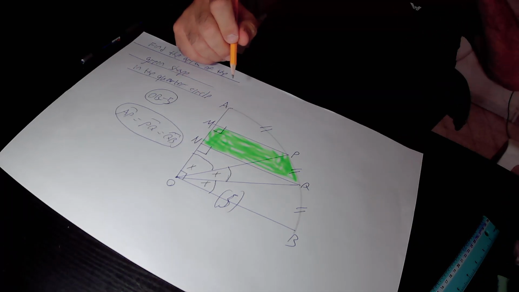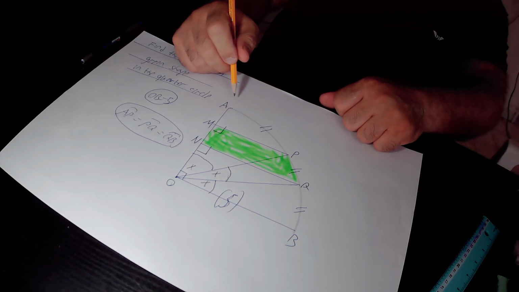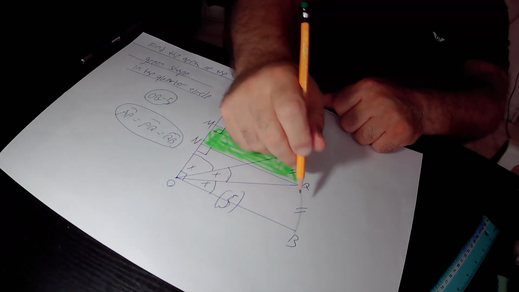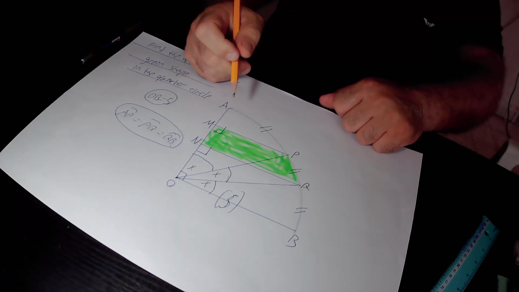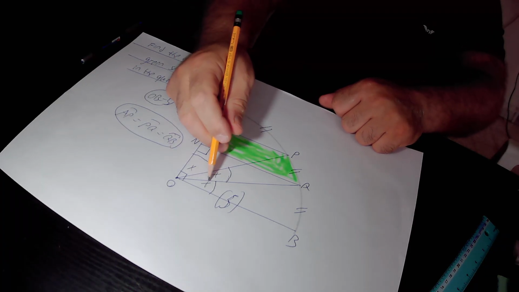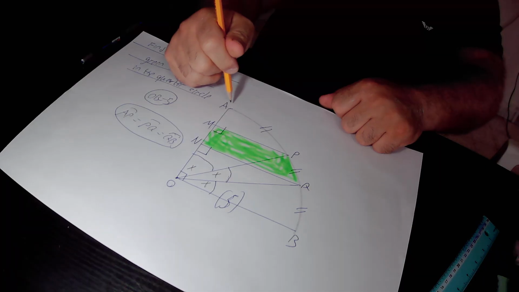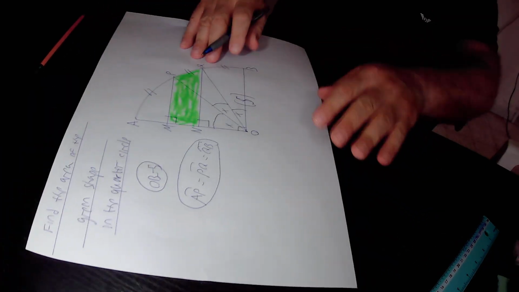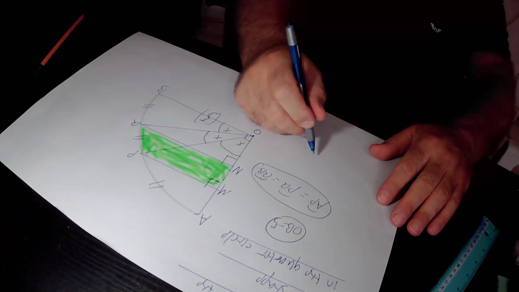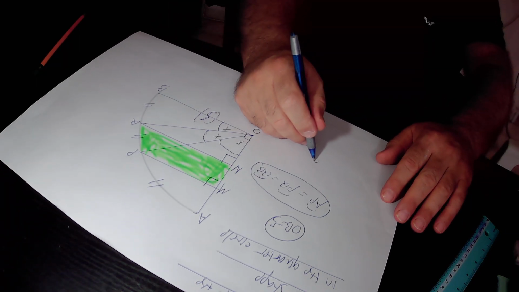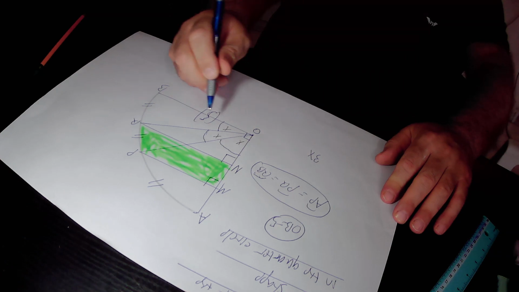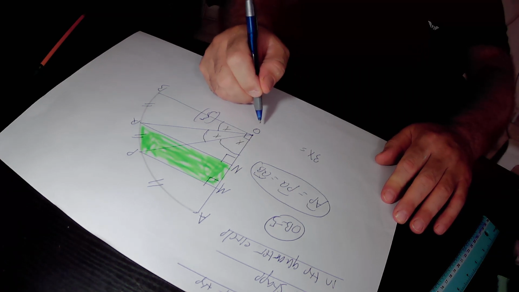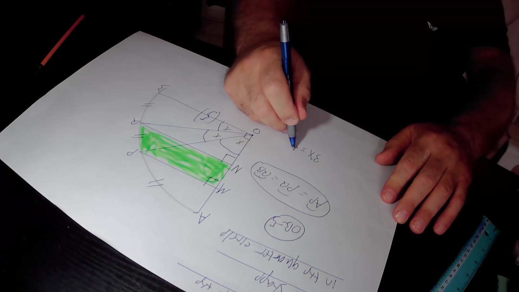So what is the size of the big angle AOB? From the drawing, it is very easy to see that x plus x plus x in total is equal to angle AOB. That is to say, x plus x plus x is 3x. So 3x equals angle AOB.